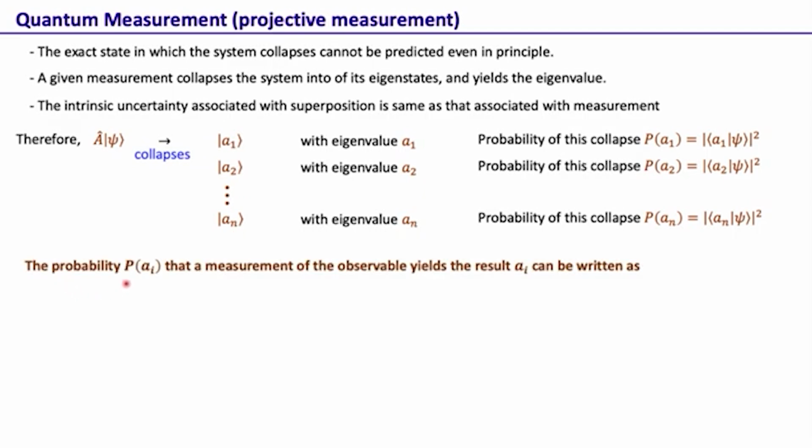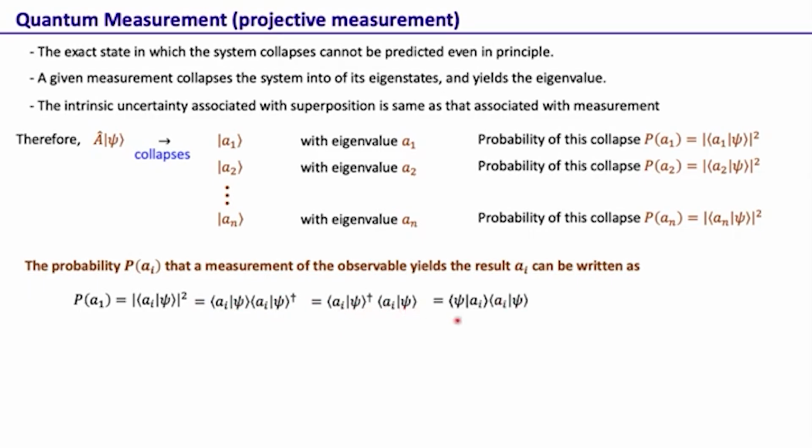Okay, now the probability P(AI) that a measurement of the observable yields the result AI, let's write it in this manner. This we can write as |<AI|psi>|^2, and of course we can write this as <AI|psi> times <AI|psi> dagger. Since these are complex numbers, we can switch them.